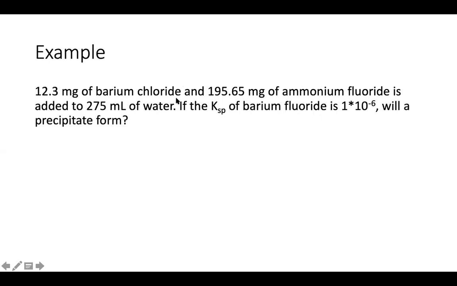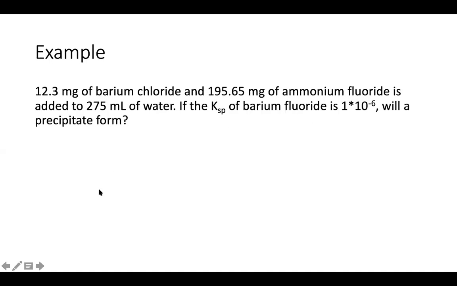Realize here that this is just like a chapter 4 problem. We added barium chloride, where the barium portion will go on to potentially form a solid. And from our other salt, ammonium fluoride, that fluoride portion is going to try to combine with the barium from the other salt to produce a solid.